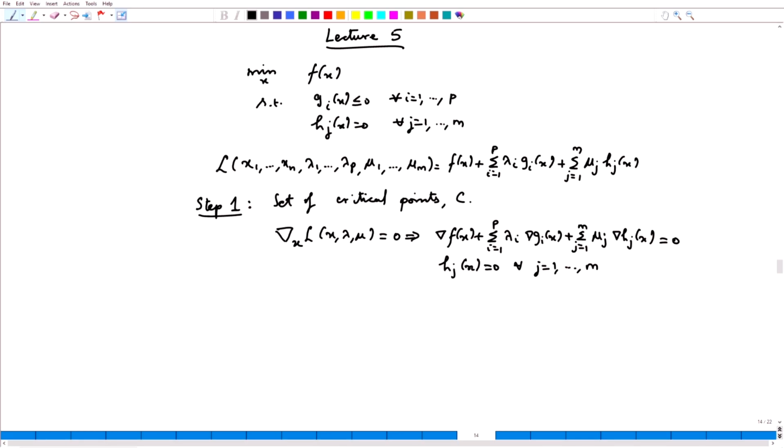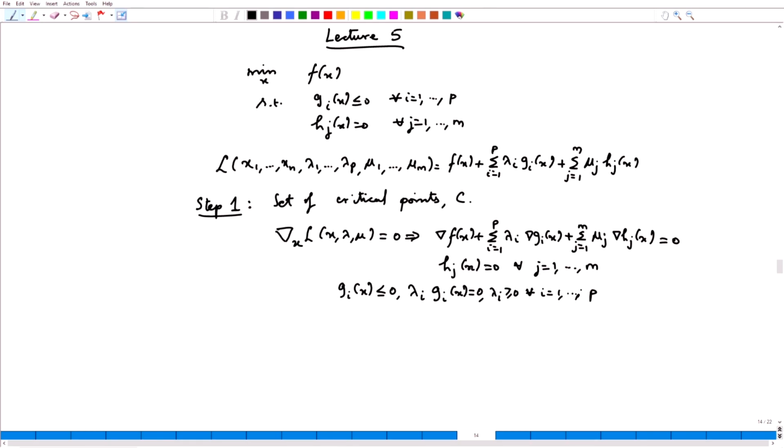So, that needs to be satisfied. The other constraint is a little tricky. So, you need g i of x less than or equal to 0, that is fine, but other than that you need lambda i g i of x to be 0 and lambda i to be greater than or equal to 0 for all i equal to 1 to p.